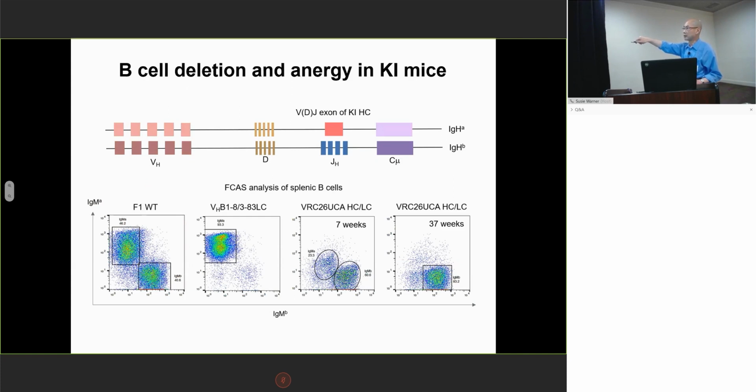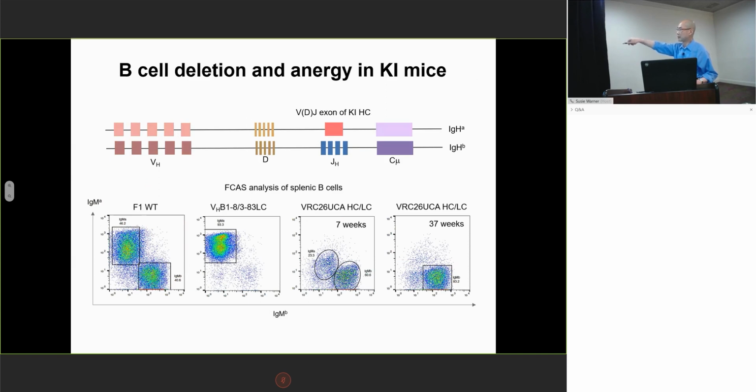Here's a wild-type F1 mouse where you have equal representation of A and B allotype B cells. Here's a knock-in of an innocuous mouse antibody, where there's no negative selection. Because of allelic exclusion, all the B cells express the allele with the knock-in mouse heavy chain, so it's all A allotype B cells.